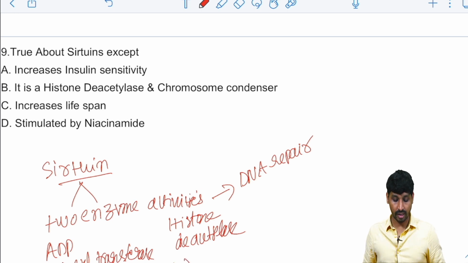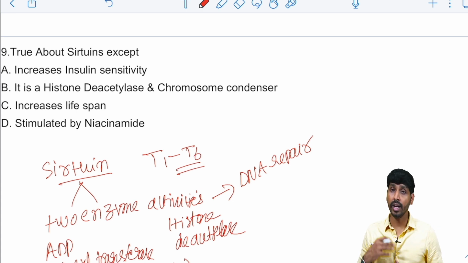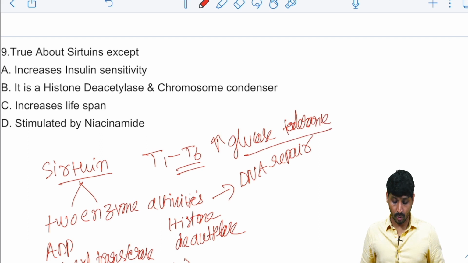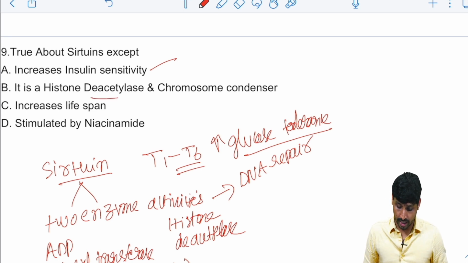There are 7 types of citrulline you can find, T1 to T6, and they even increase glucose tolerance. So what are the options that have been given? Increases insulin sensitivity, yes, it increases insulin sensitivity, correct, because increasing glucose tolerance means increasing insulin sensitivity. It is a histone deacetylase and chromosome condenser, yes, it is true.